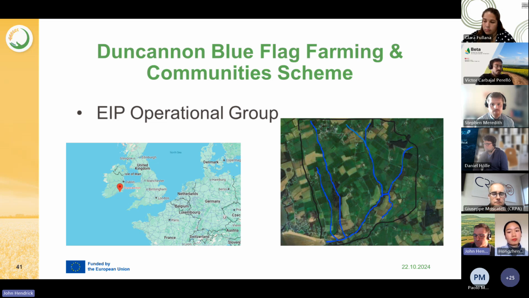Within that black line is a catchment area which was identified as a cause for this beach losing its blue flag status in 2007 due to bacterial pollution of the waterways, and a large part of that pollution of the beach, which was a bathing and shellfish fishing beach, was the waterways and the actions that the cooperative group, as in the local government, the local communities and farmers, were having on water quality. So the effects they were having on the water quality within that catchment area.